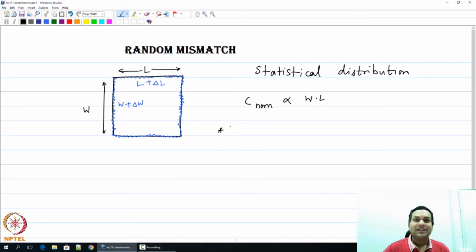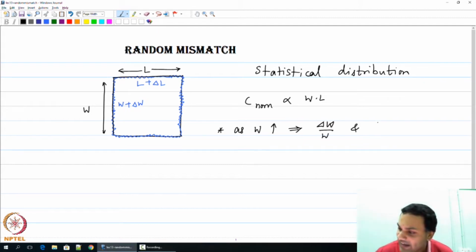You will find that when you increase the value of the width, in other words, let us say you don't do anything to the length and you increase the value of the width, there is some type of averaging effect on both delta W and delta L. So it turns out that if you do this, delta W by W and delta L by L both decrease.